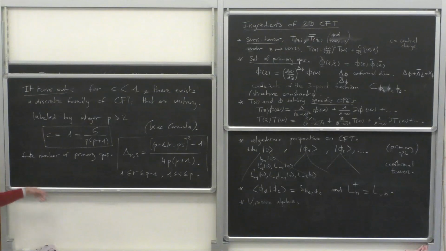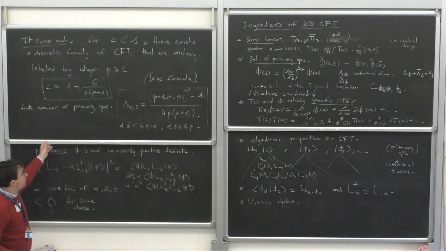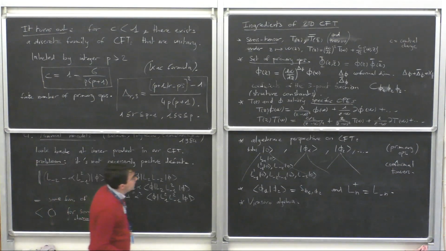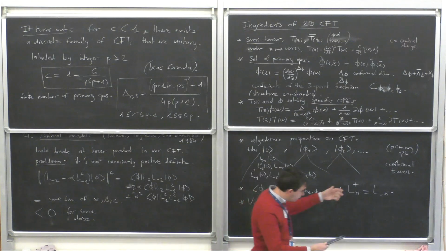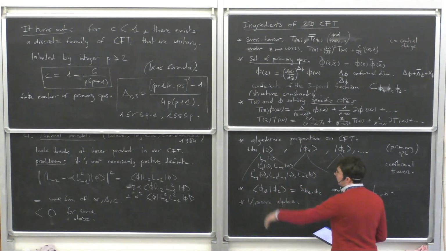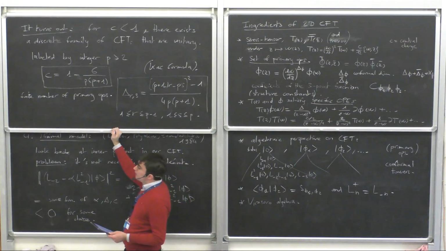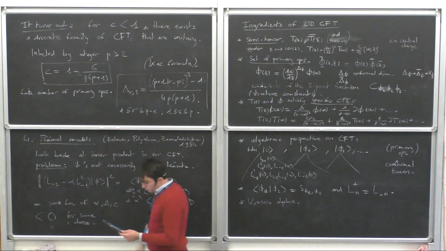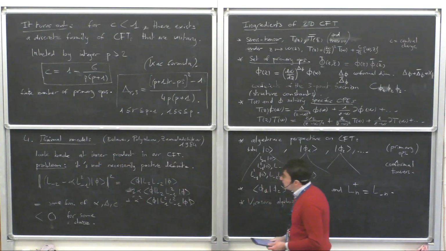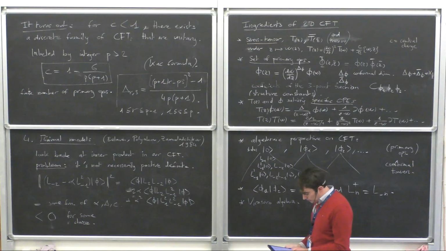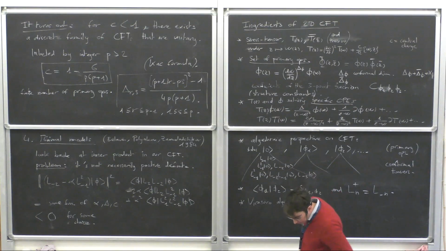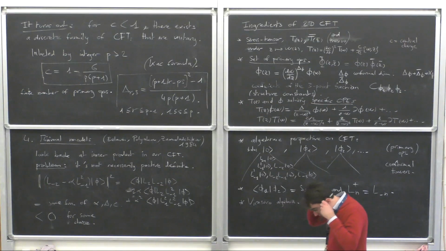So by insisting on having a positive definite inner product in the theory, quotienting out the states that have zero norm and so on, there's a lot of algebraic things going on there that I don't have time to go into. If you're interested, this is well explained in these lecture notes by Ginsparg, for instance. It's nicely explained in a concise way.